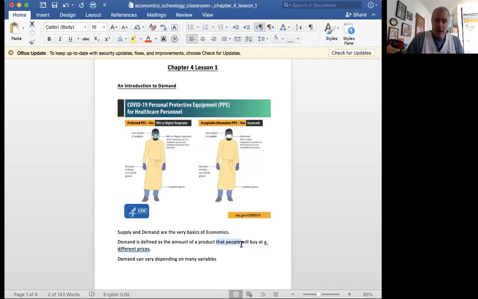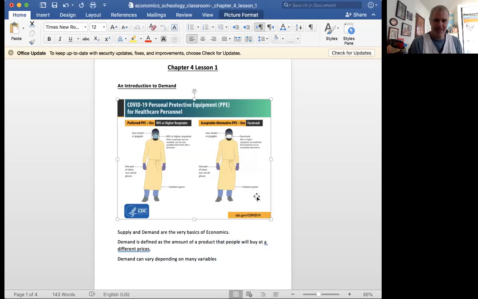And I have down here, right, demand can vary depending on many variables. Price is one, but let's look at this picture I picked up, PPE. On March 12th, 2020, I did not know what the letters PPE stood for. My wife did. She's a medical worker. I didn't.